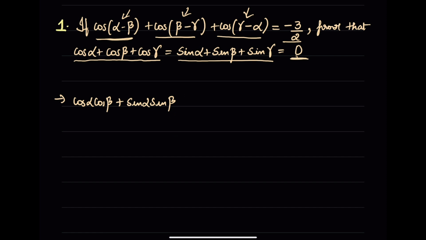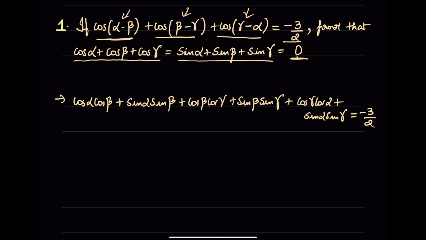Then cos beta minus gamma is equal to cos beta cos gamma plus sin beta sin gamma, plus the last part would be cos gamma cos alpha plus sin alpha sin gamma. This is equal to minus 3 by 2.